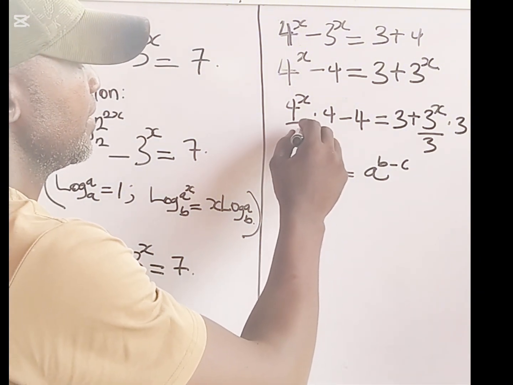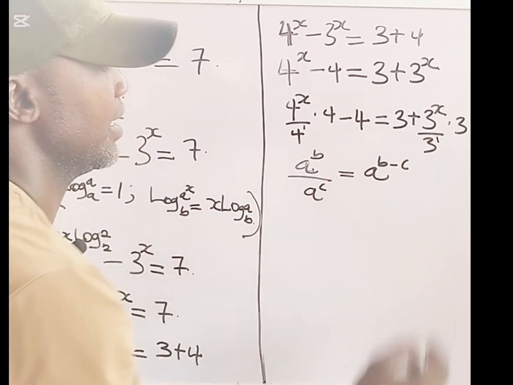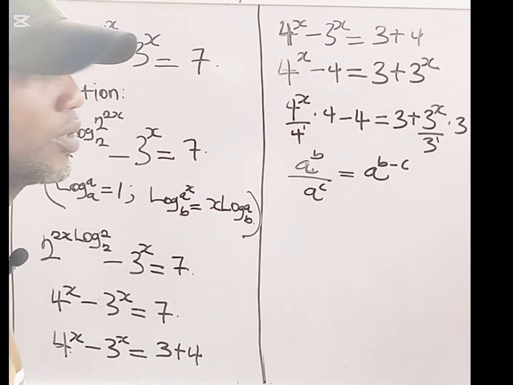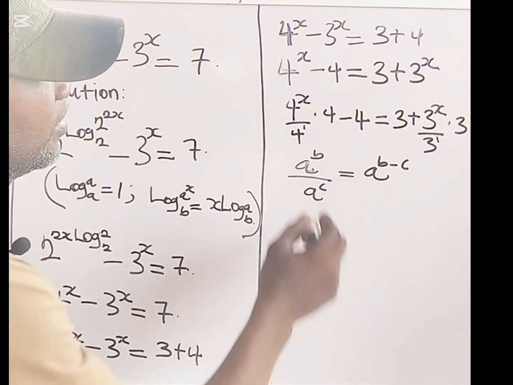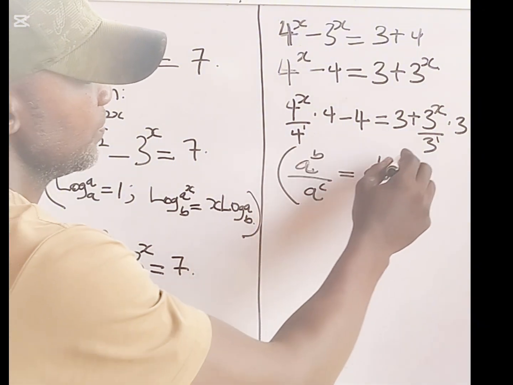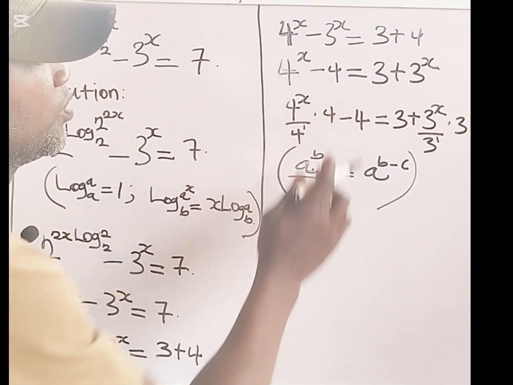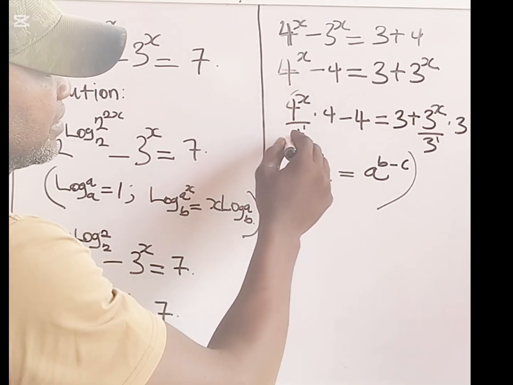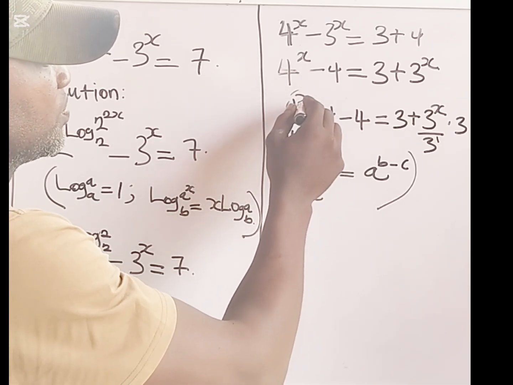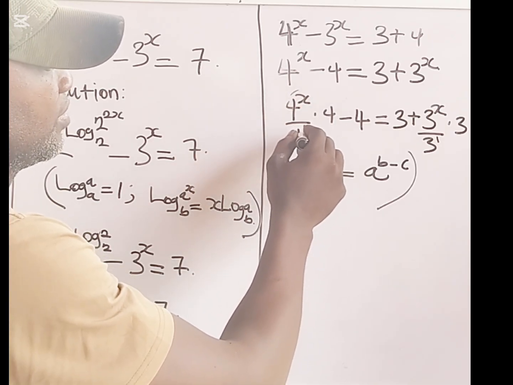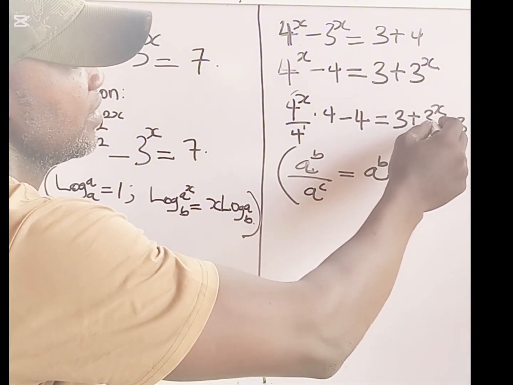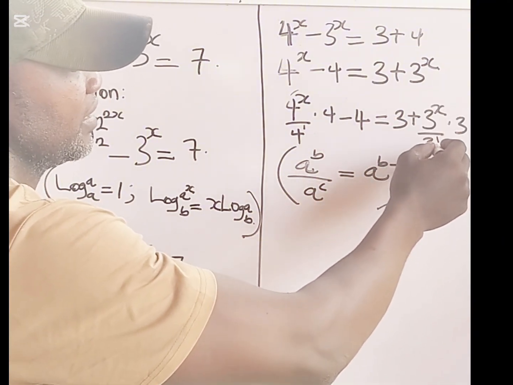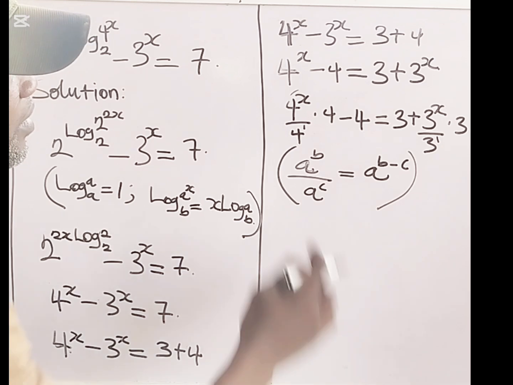Mind you, if I put 1 here and 1 here, I'm not wrong, because any number raised to the power of 1 is still that same number. So we're going to apply this now to this equation, specifically to this part, where we have 4 raised to the power of x divided by 4 raised to the power of 1, and also this part, where we have 3 raised to the power of x divided by 3 raised to the power of 1.